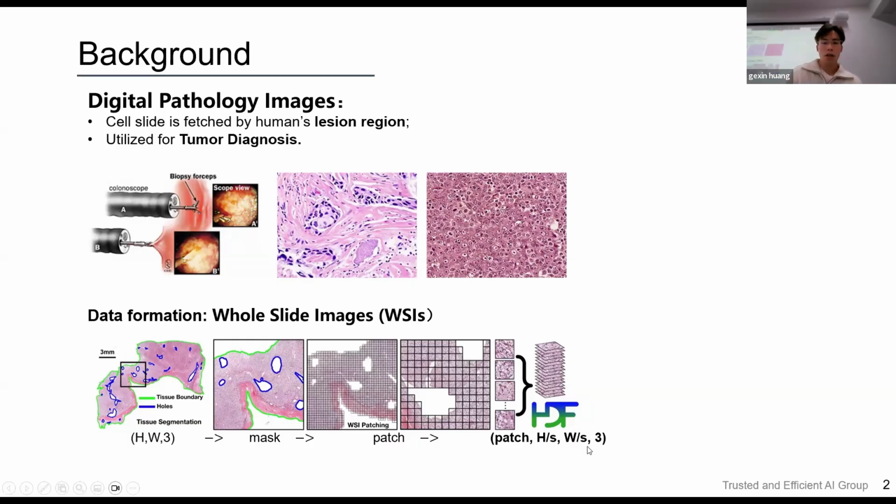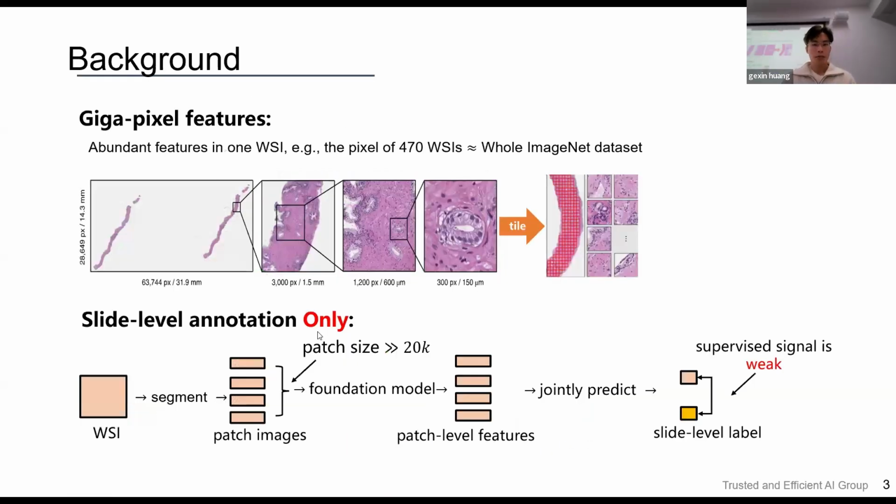So this whole slide image contains gigapixel image space, and the question is how to utilize this whole slide image to do some clinical analysis. First, we utilize these gigapixel features and cluster the slide into multiple patches and so on.